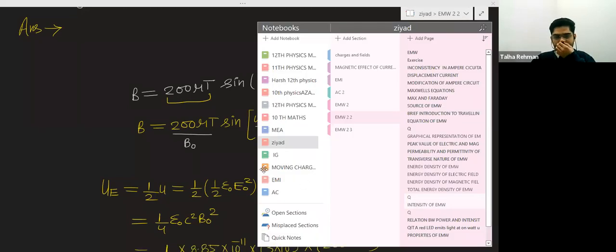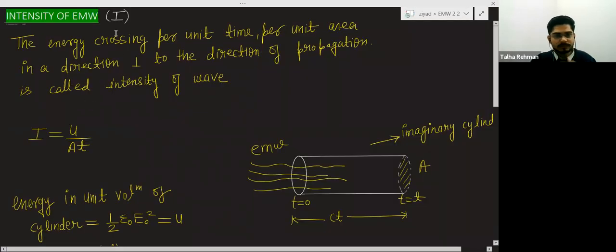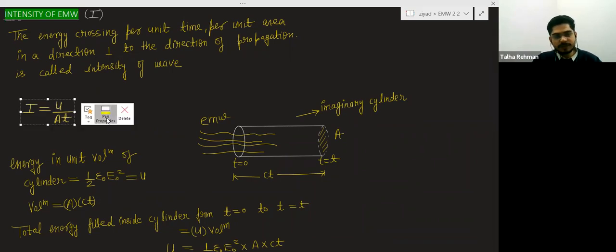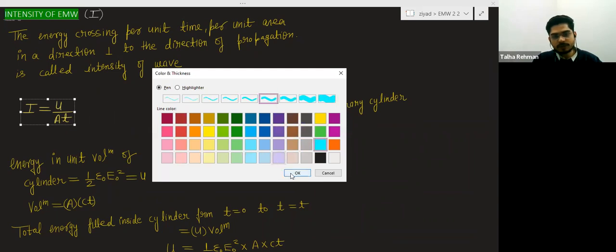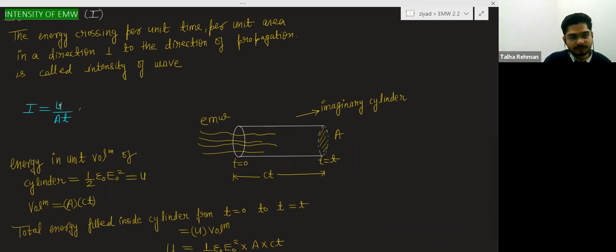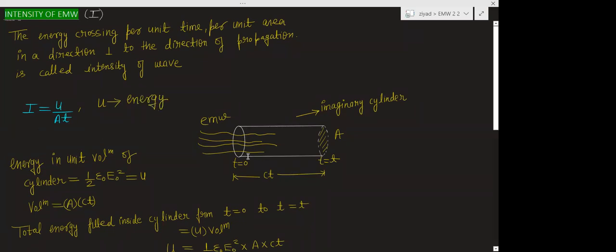Now intensity of electromagnetic wave is very simple. The energy crossing per unit time per unit area in a direction perpendicular to the direction of propagation is called the intensity of wave. And intensity of the wave is given by I is equal to U by A, where U is the energy and A is the area.